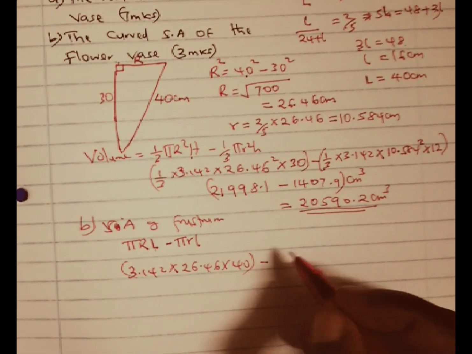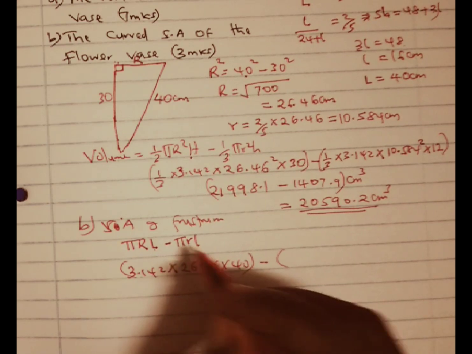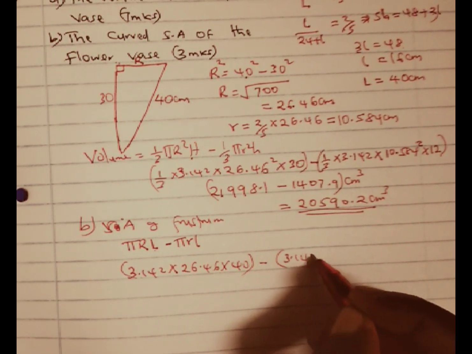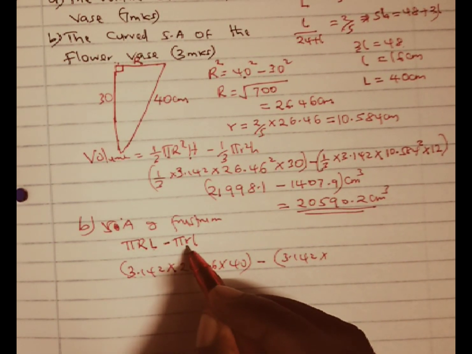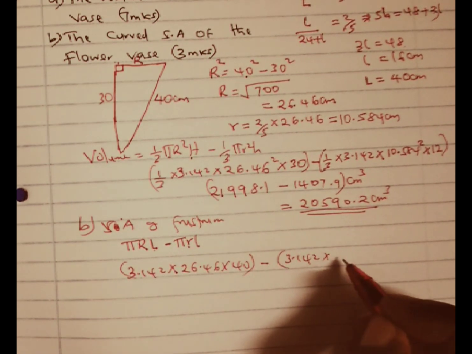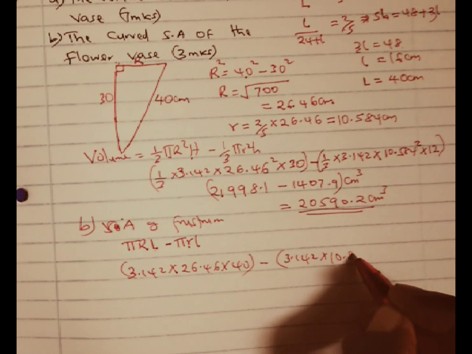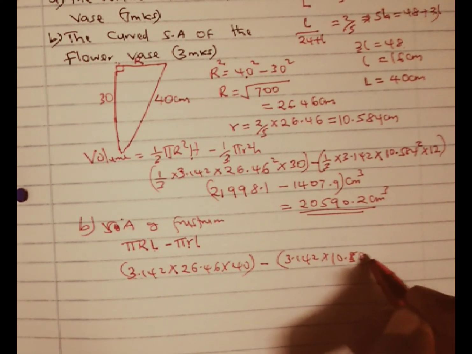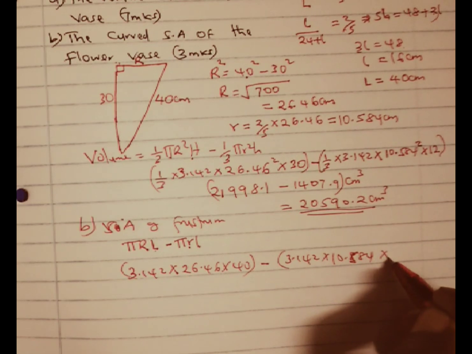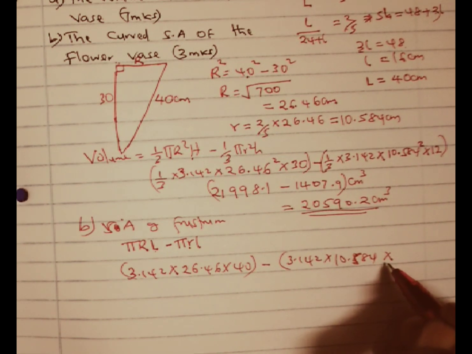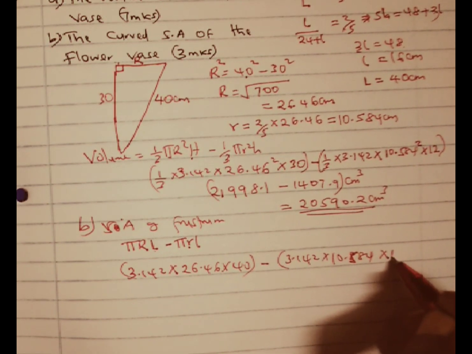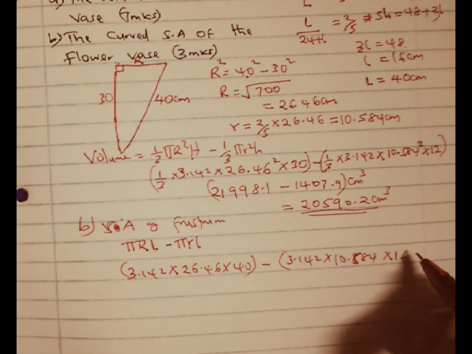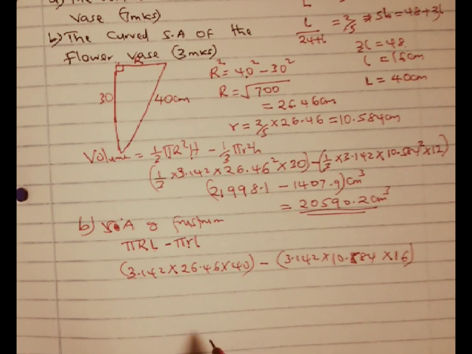We minus this smaller one will be 3.142 multiplied by the small radius, and the small radius was calculated as 10.584. We multiply by the slant length of the smaller cone, which we found out to be 16.